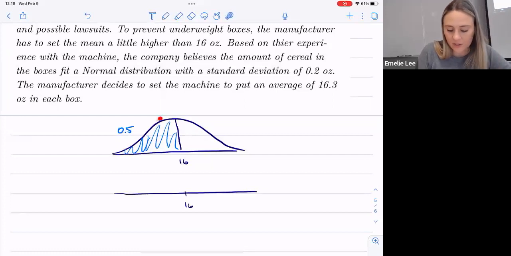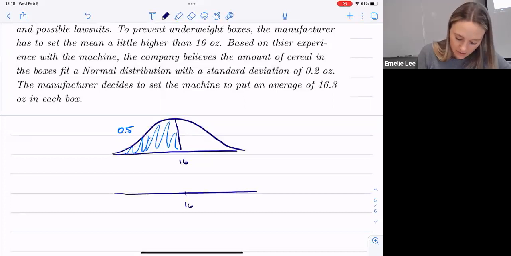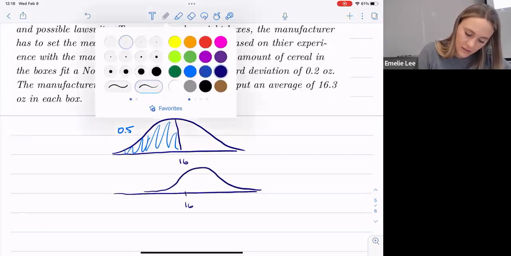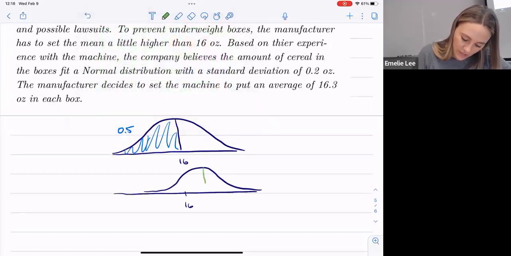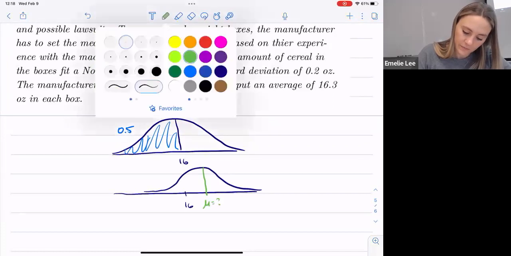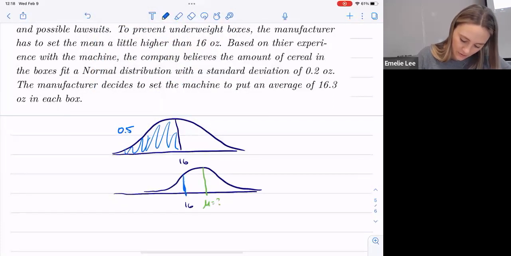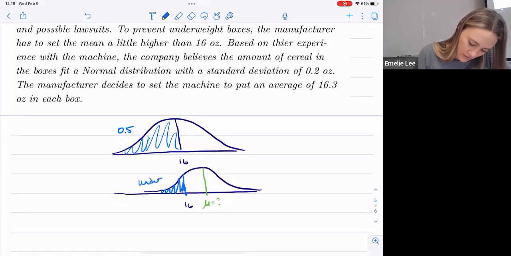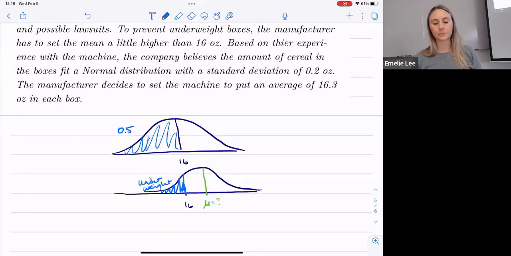If I take this curve and shift it to some other mean amount, now only this area is underweight. So that's why we shift it a little bit higher.